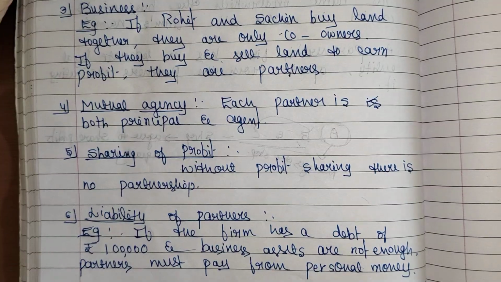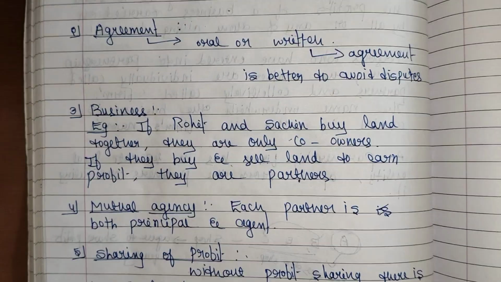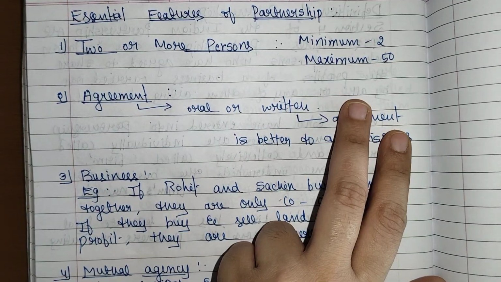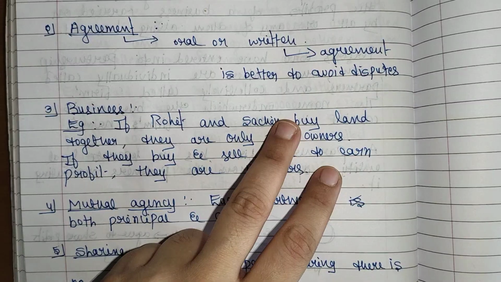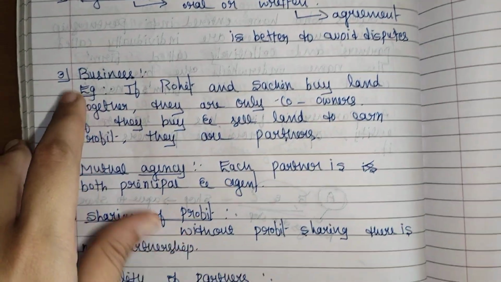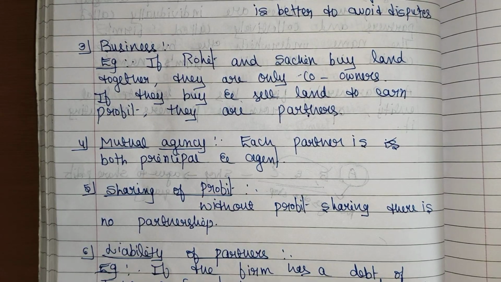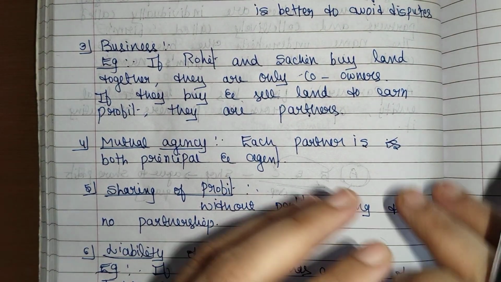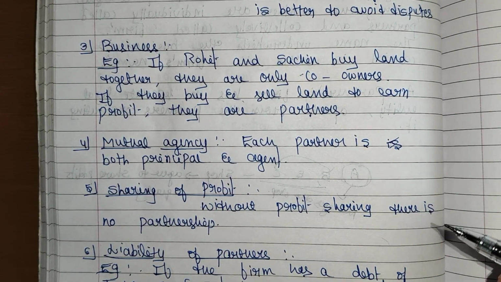So first feature is two or more persons, minimum is 2 and maximum is 50. Second one, agreement. A written agreement is better to avoid disputes. And business means even just owning a property together does not mean a partnership.